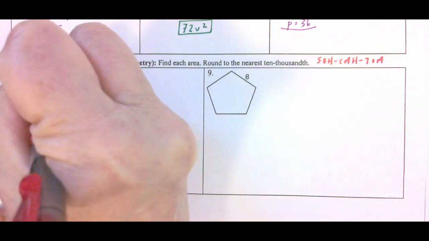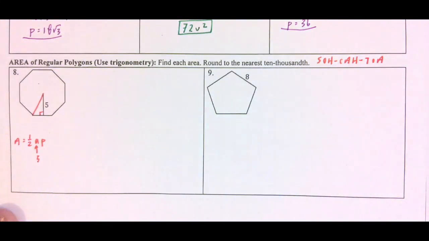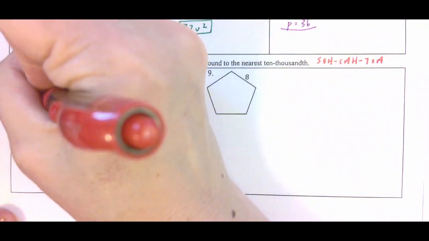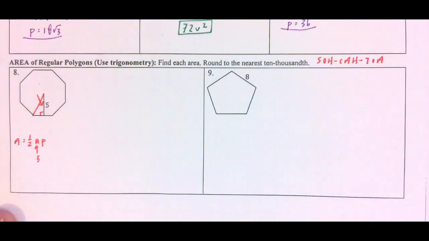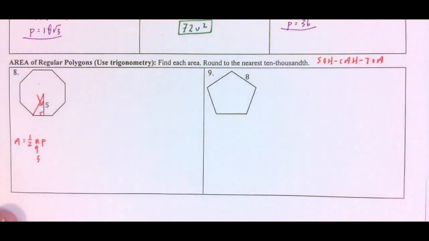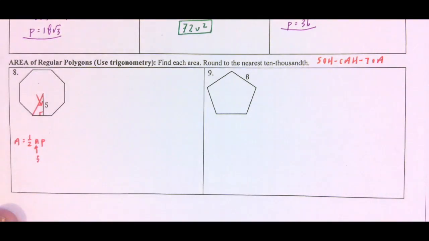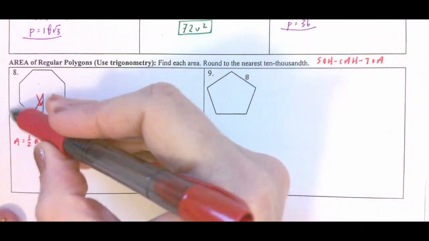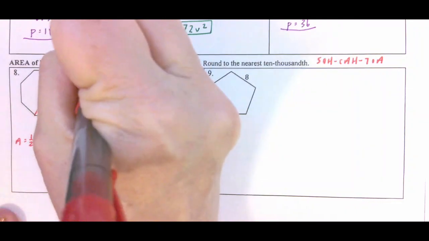Okay, I can draw in this right triangle right here. But the issue is that I'm going to need an angle to build off of. So this angle right here is half of a central angle. That's what I like to build off of. Or I could do half of an interior angle right here. Let me do half the central angle. So if I count up all of my sides, this is a regular octagon. I have 8 sides.